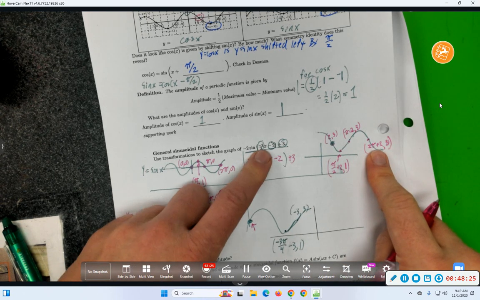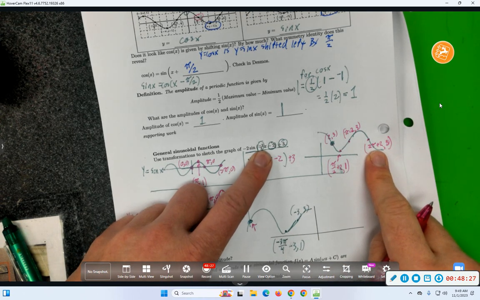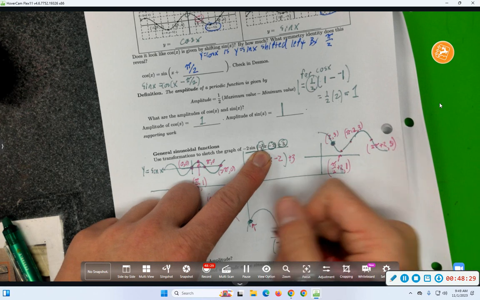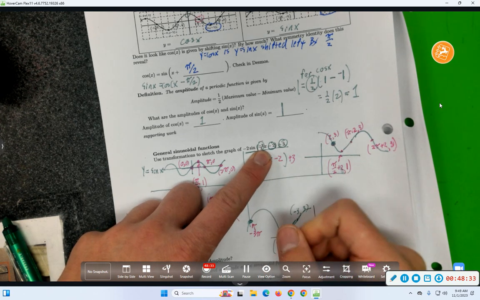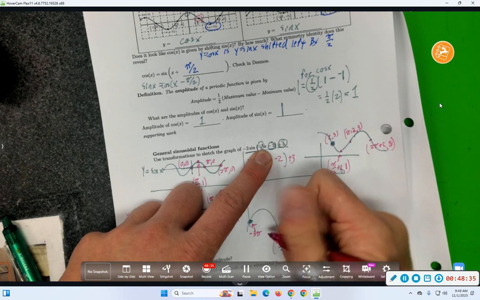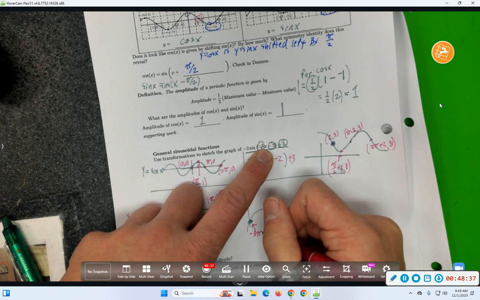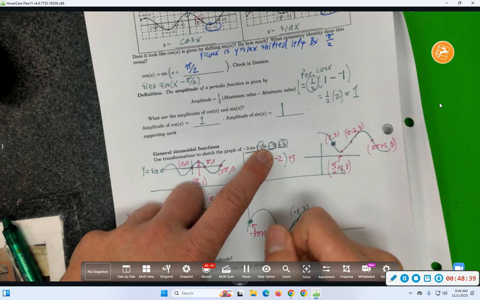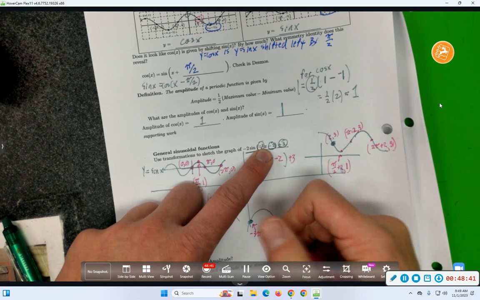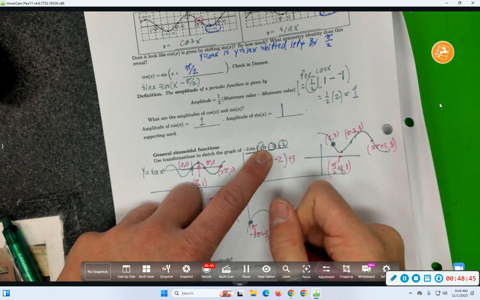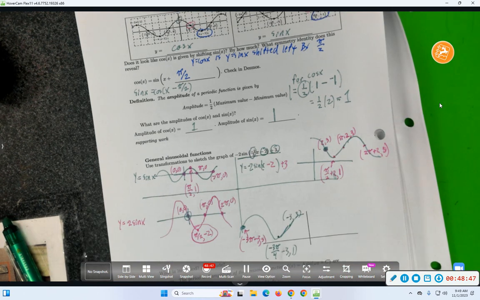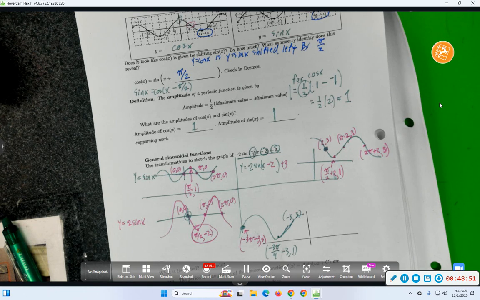So 2 pi times negative 3 over 2, negative 3 pi plus 2 will become plus 3. No, that will become minus 3. Same y value, 3. And then it'll repeat.